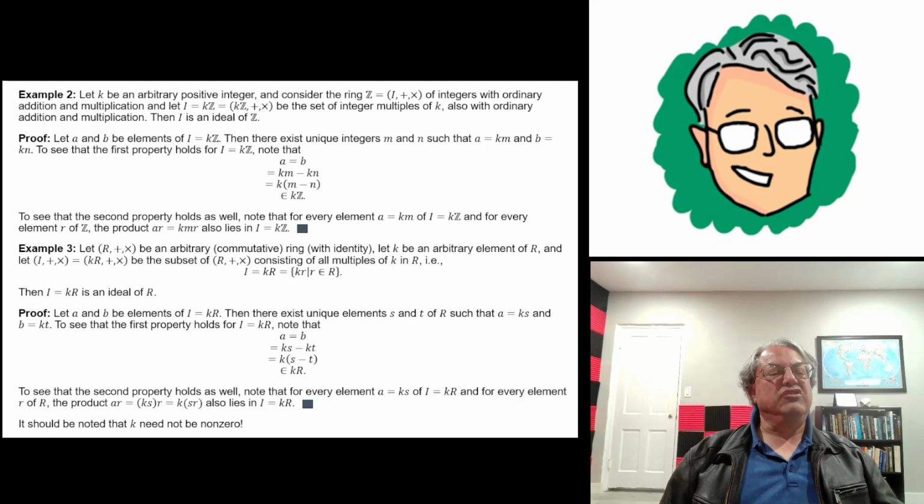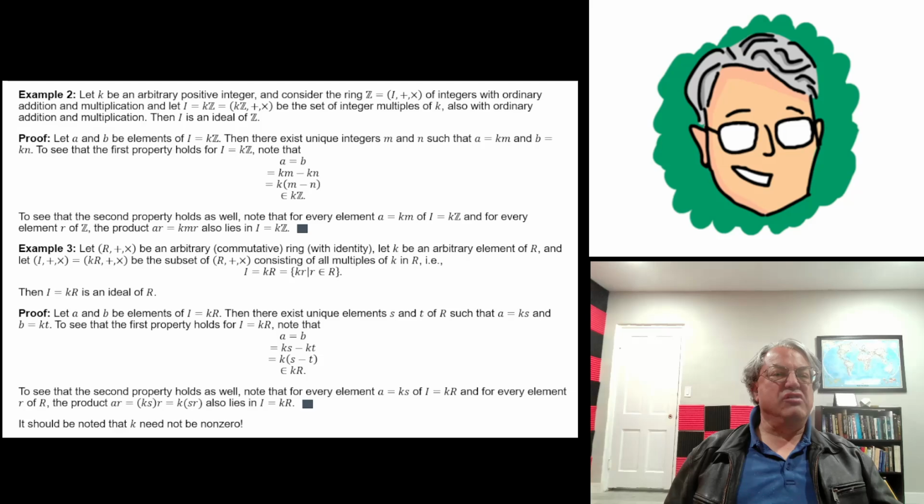And third example, and this is the most general, the biggest generalization I can make of examples 1 and 2. Now I'm no longer considering the ring of ordinary integers. Now I'm letting R be an arbitrary commutative ring with identity. And again, K is an arbitrary element of R, and it doesn't even have to be non-zero. It could be zero as well.